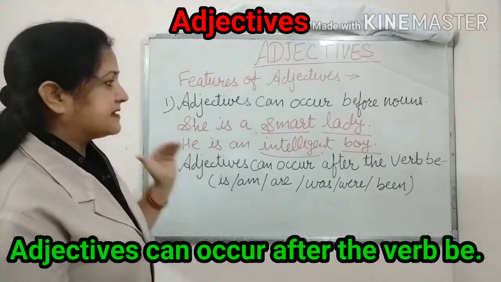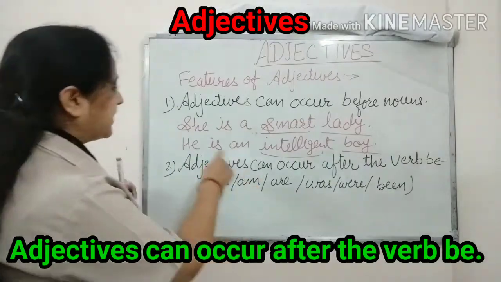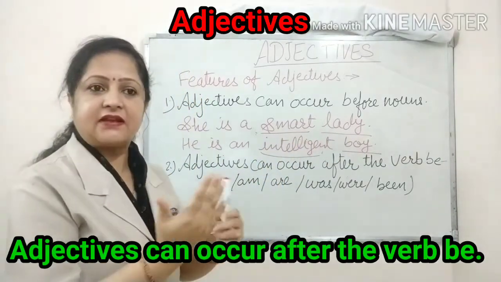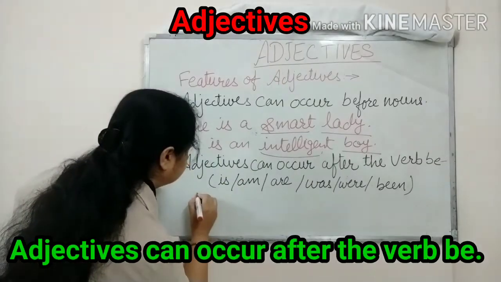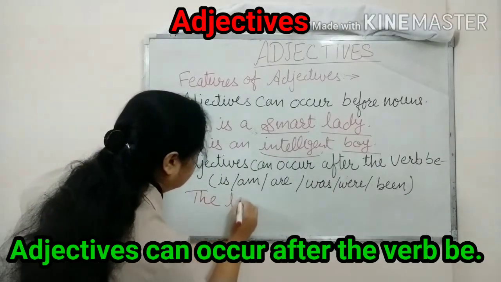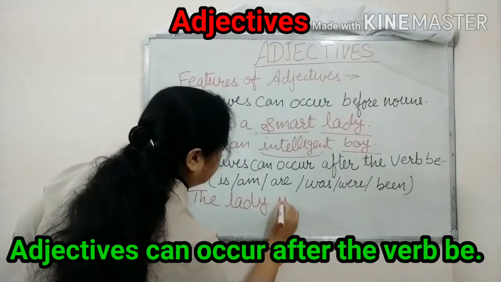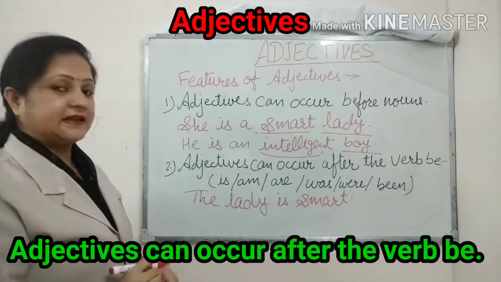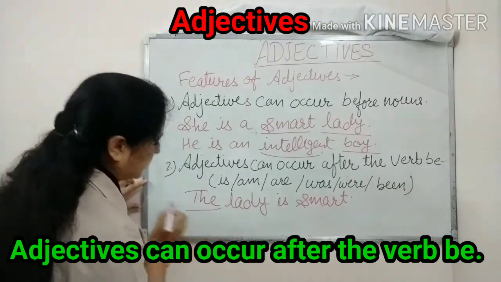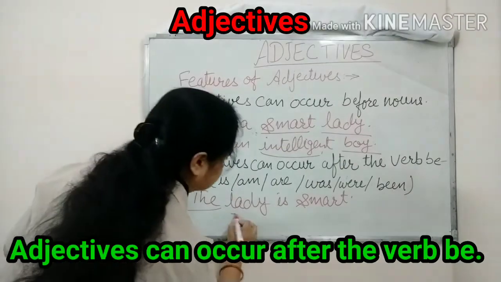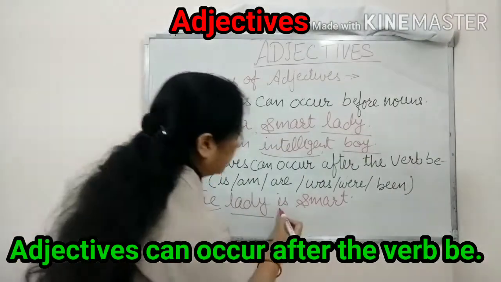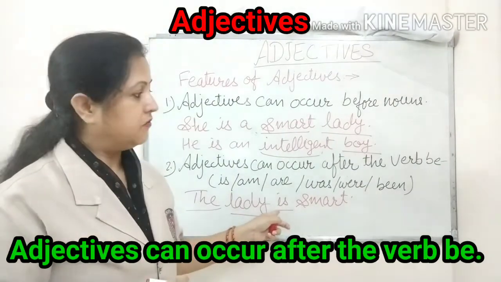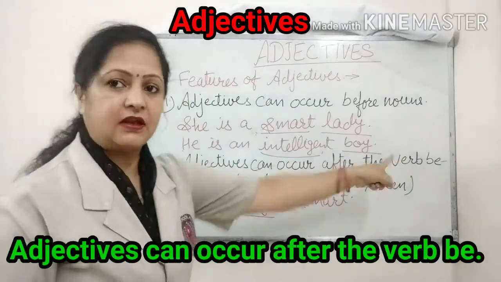We will take the same examples again. Here we have written, she is a smart lady. Instead of that, we can also write, the lady is smart. Here we can see that the is the article, lady is the noun, and is is the be form of the verb.